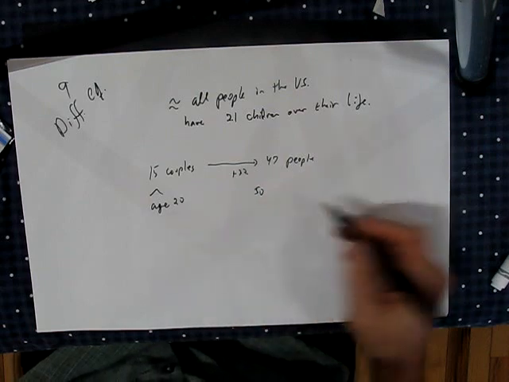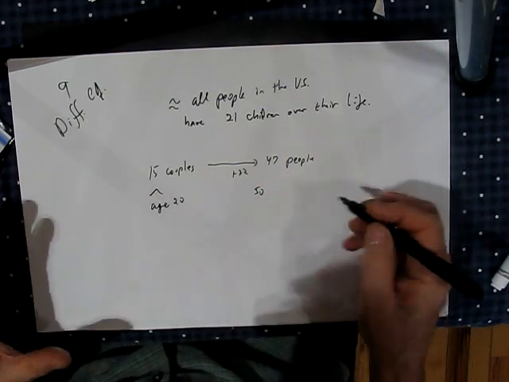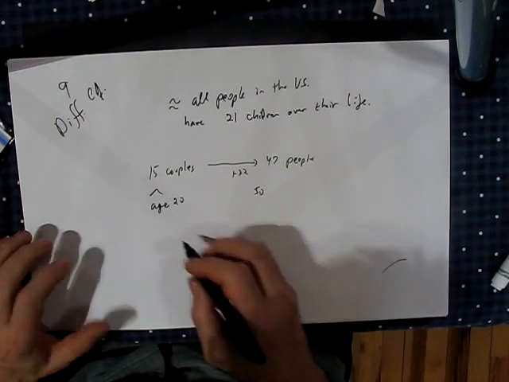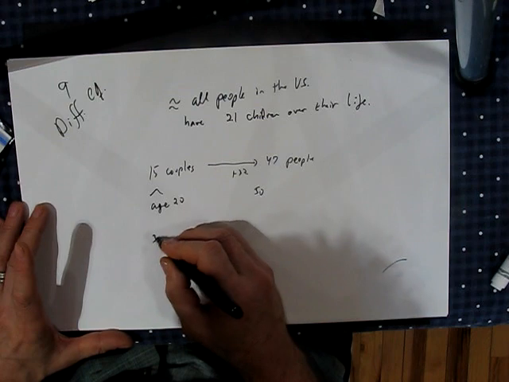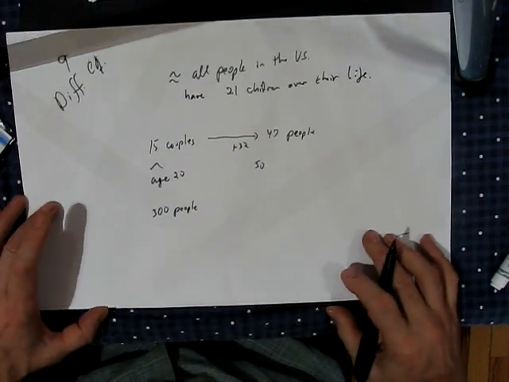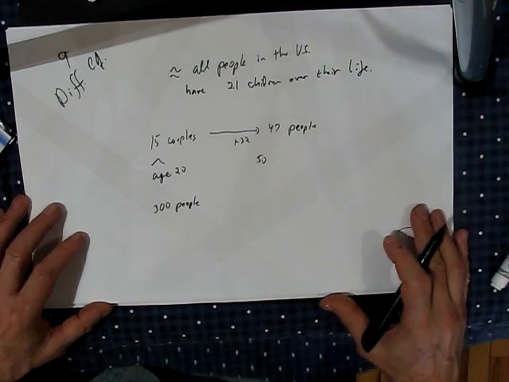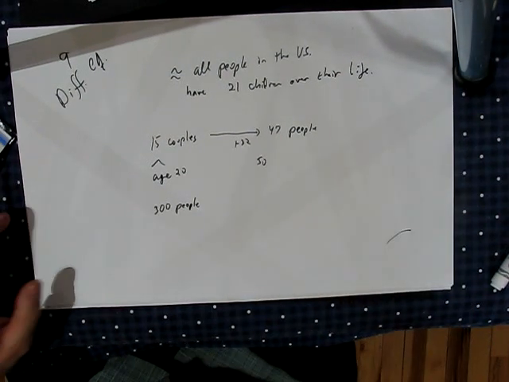Now, we've had no deaths or anything else happen, but now let's take a look at it without them being couples and simply say, let's say we have 300 people. Now, if we assume they're about 50-50, that says 150 of them are women, and they average 2.1 children per woman.